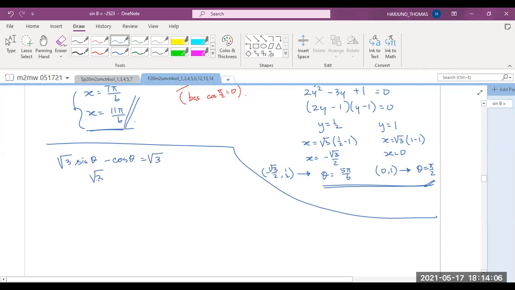Isolate the radical 3 sine theta. So this is number 6, alternate way, the long way. Then I square both sides: 3 sine squared theta equals 3 plus 2 radical 3 cosine theta plus cosine squared theta.